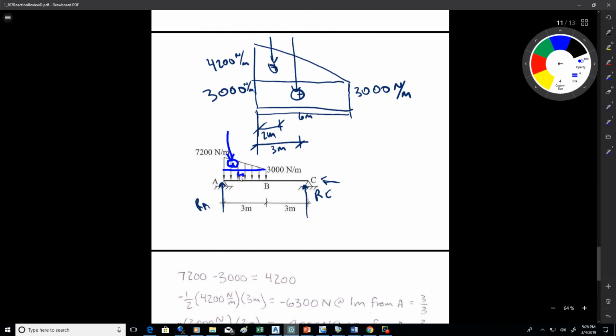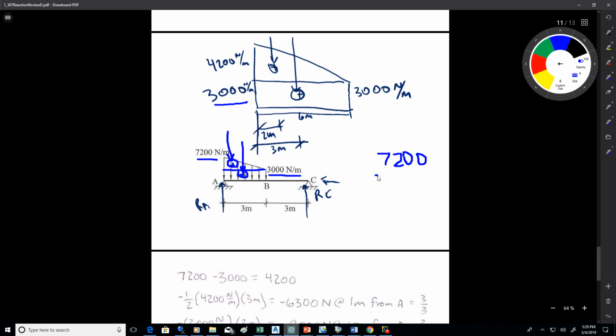And then I'll find the area of the rectangle and apply that down at the rectangle and combine those effects together.